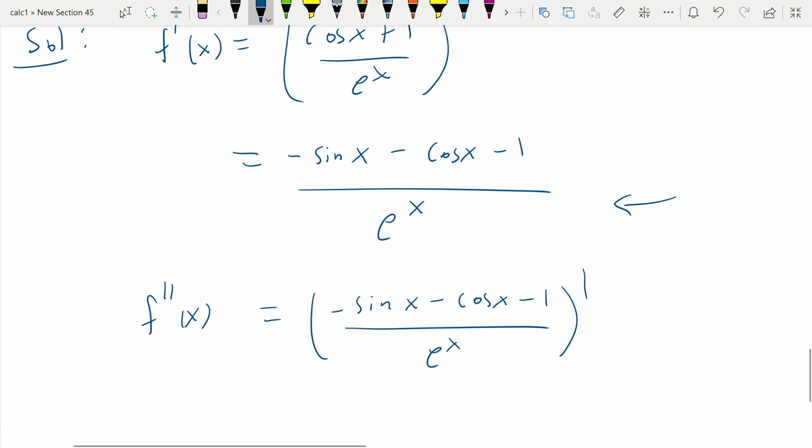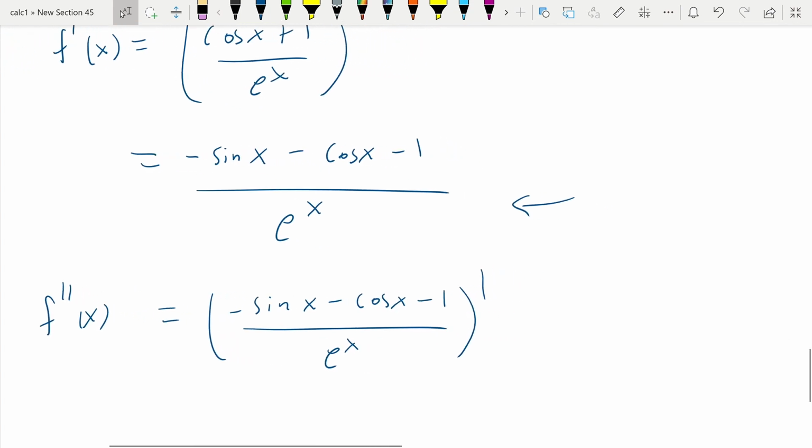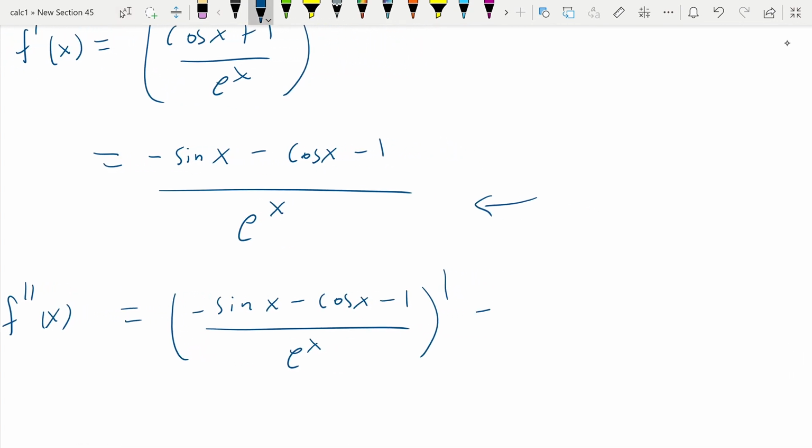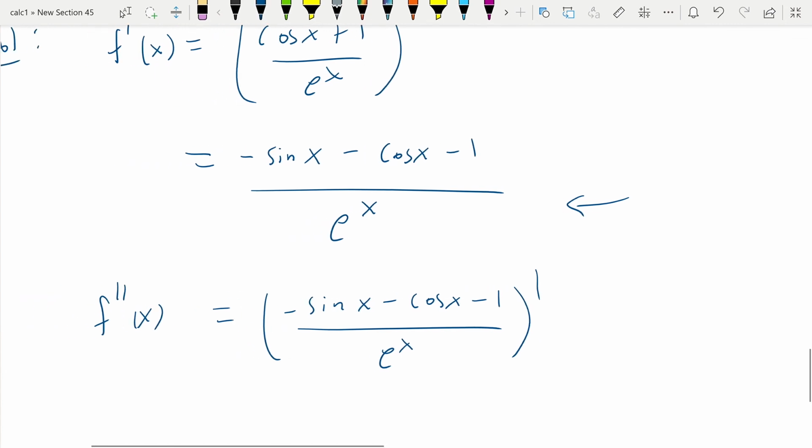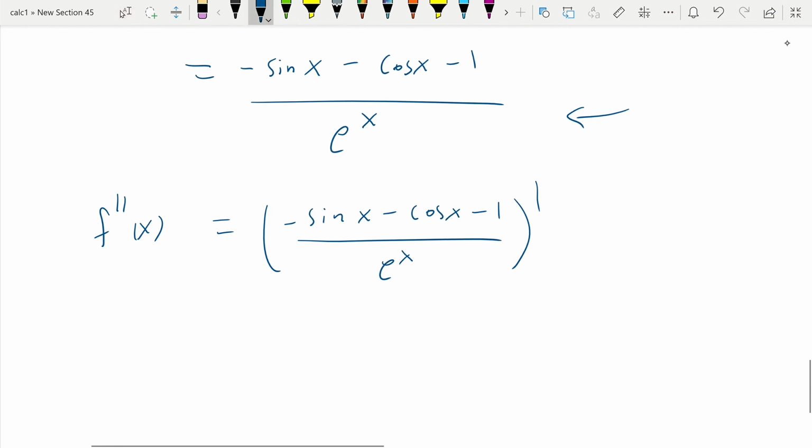So we need to differentiate f prime one more time. And here, if you apply the quotient rule again, if you trust me, you'll get 2 sine x plus 1 divided by e to the x.